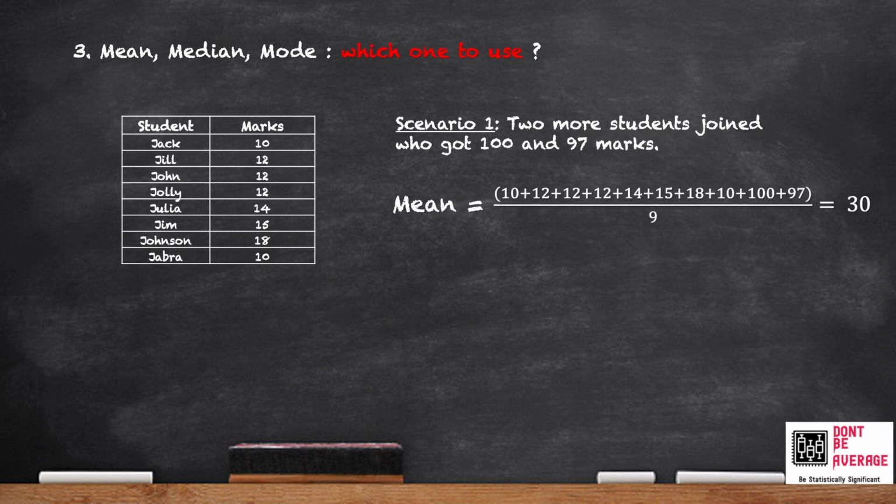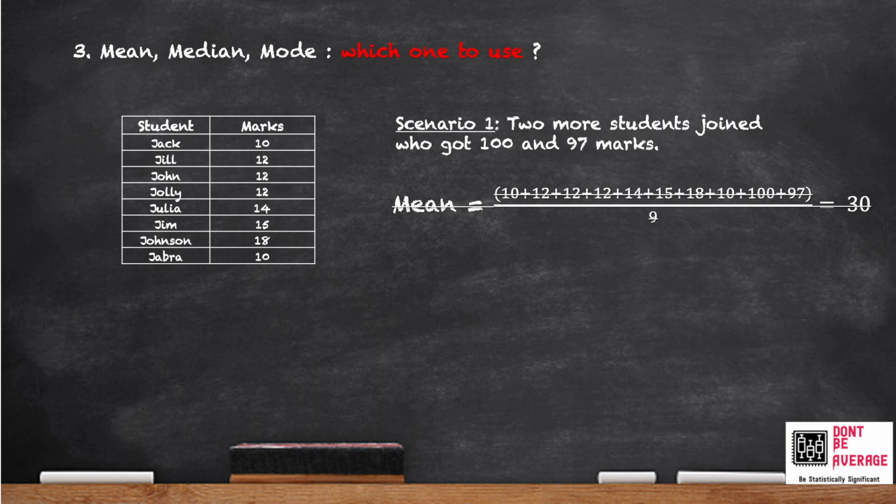You can look at this mean, but then you can feel that something doesn't add up. Because if you look at all the marks and see the mean value, you can find that this mean value does not reflect the score of a typical student in this class. Most of the students have scored in a range of 10 to 18. That is why in this situation, we would like to have a better measure of central tendency.